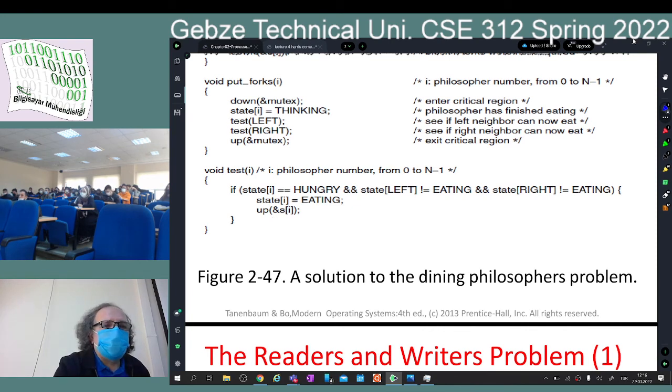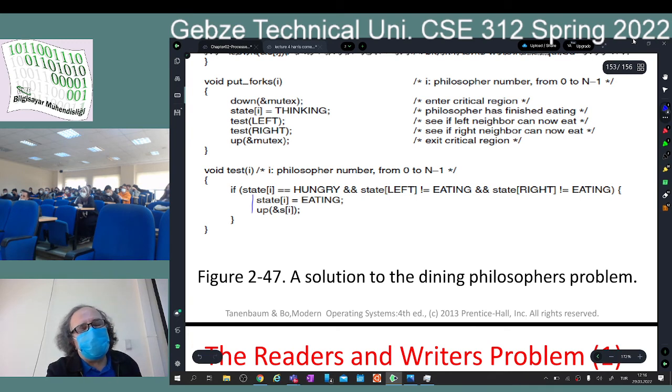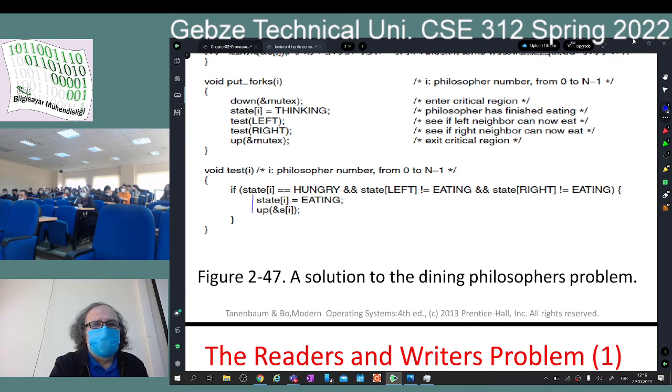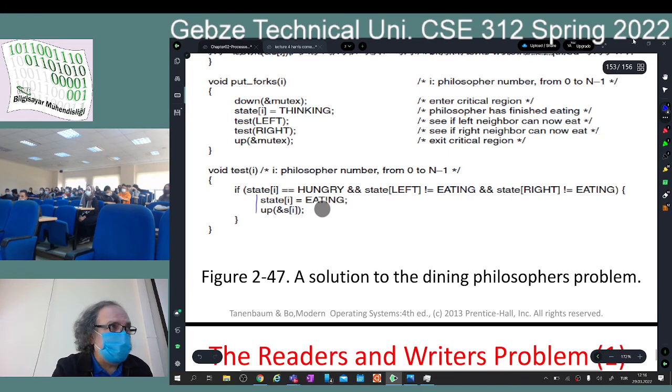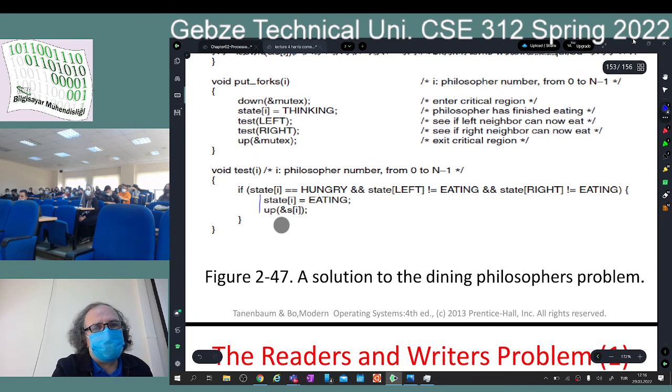If I can't go into this if statement, what was the reason? One of the reasons could be my left is eating or my right is eating. This cannot be the reason I cannot go in, because I just set it to hungry. So if any of them is eating, then I cannot set my state to eating, and I cannot increment the semaphore.